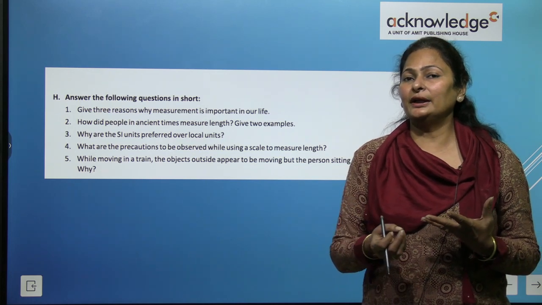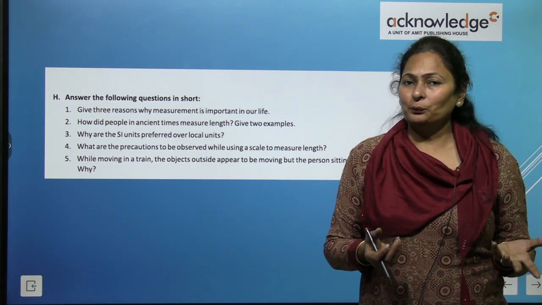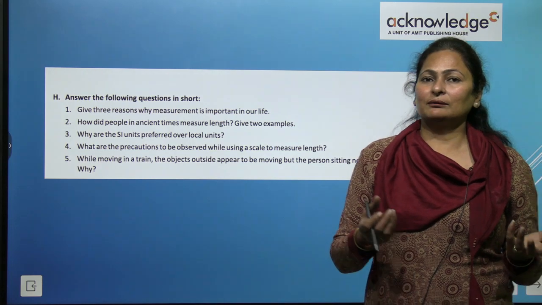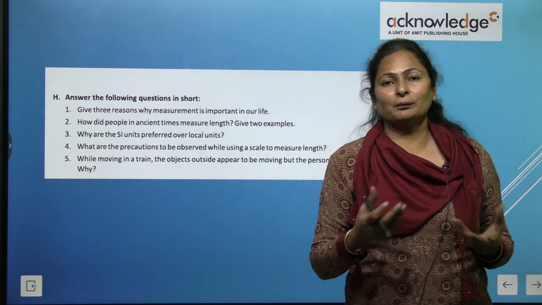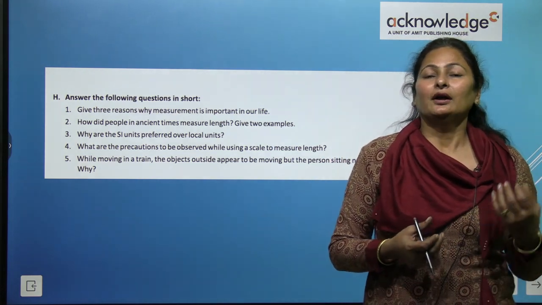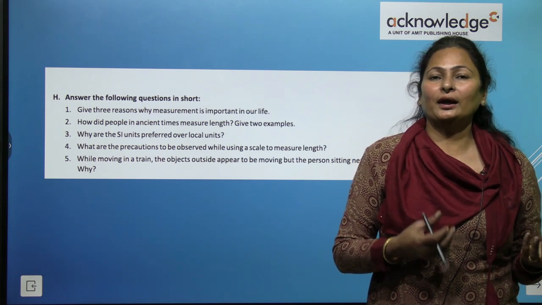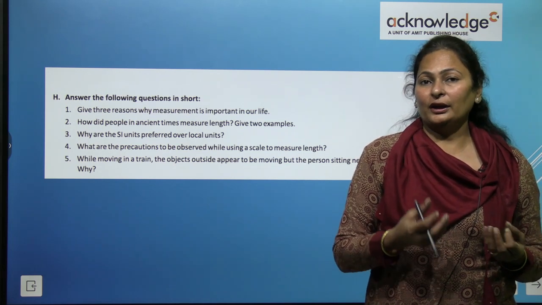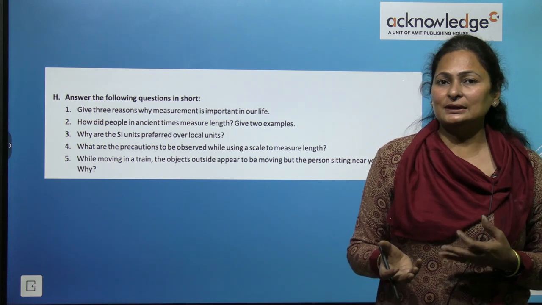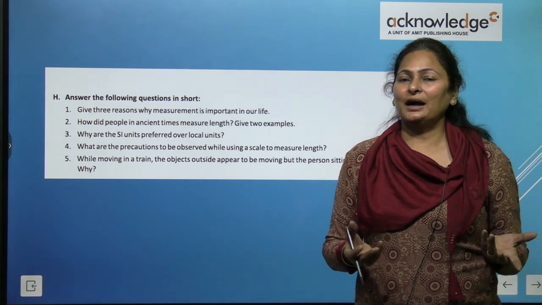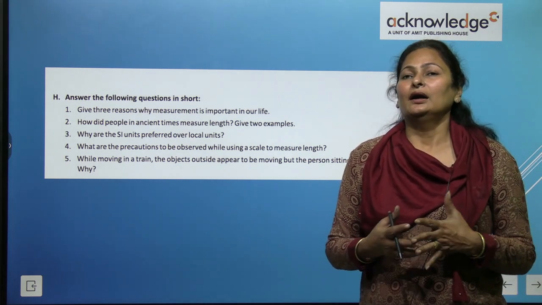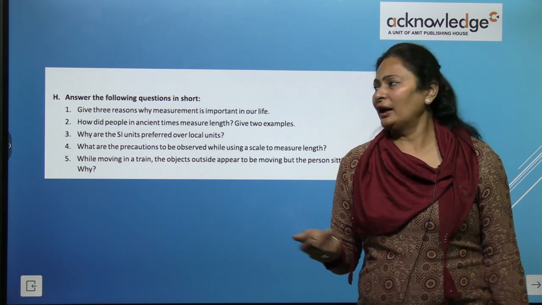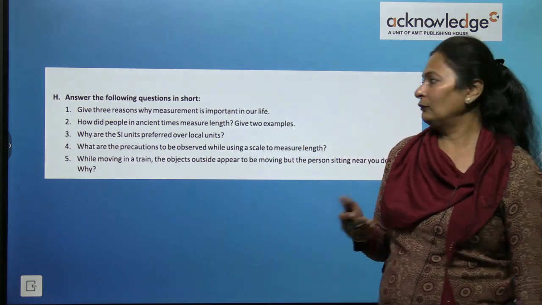We are going to purchase vegetables and fruits from the market, so we are measuring them. Scientists also measure when they are making medicines, paints, plastic or paper, right? And so many reasons we have discussed. You can write down any 3 out of it.